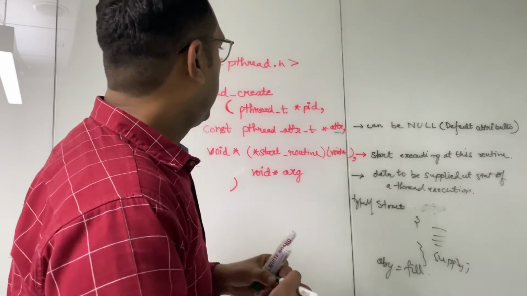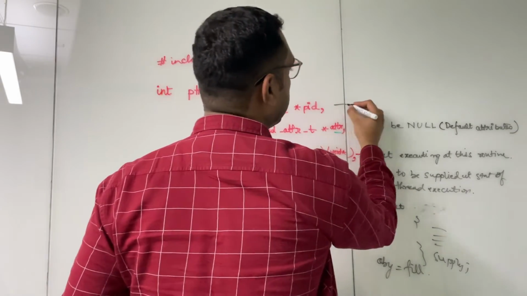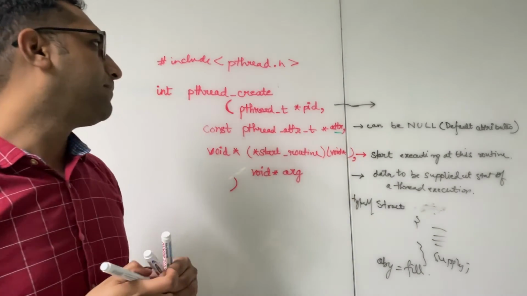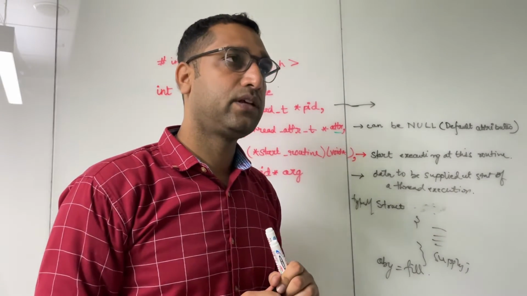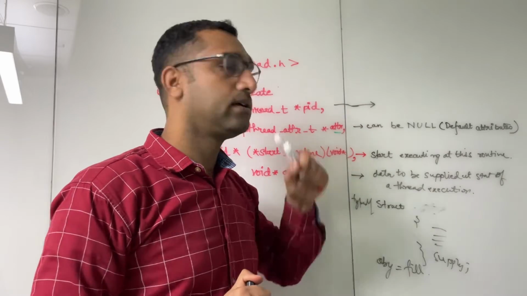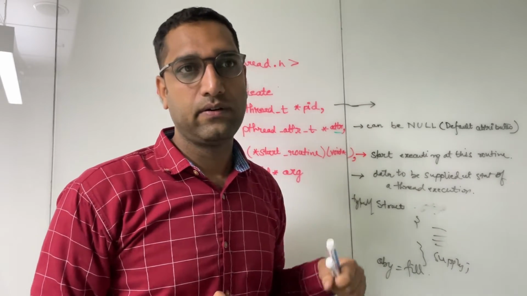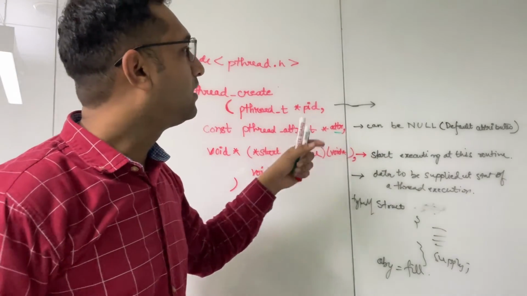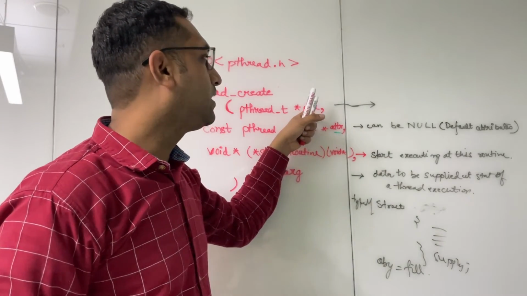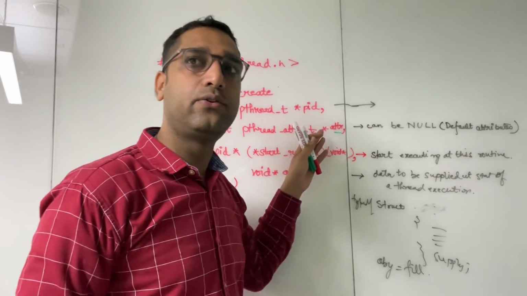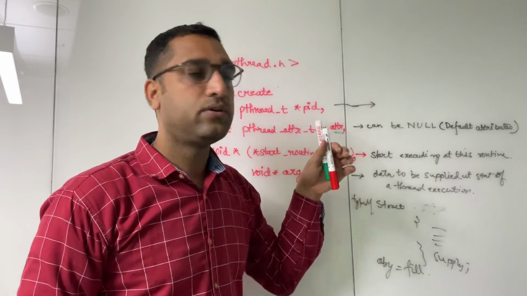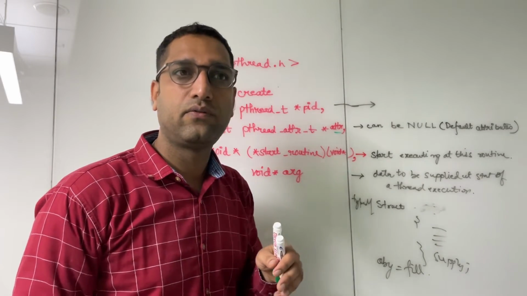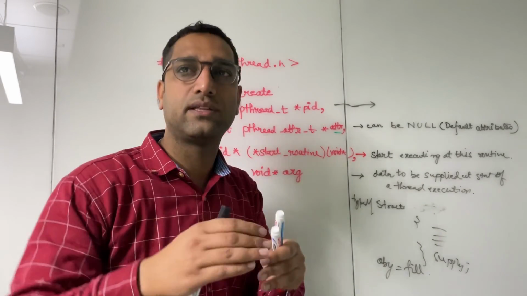And the first one we came to, the last one, pthread_t. This simple variable, what it does is, if a thread is created, then its thread ID is copied into this particular variable. There are a lot of things that would need the ID as an input if you want to do something between the threads.